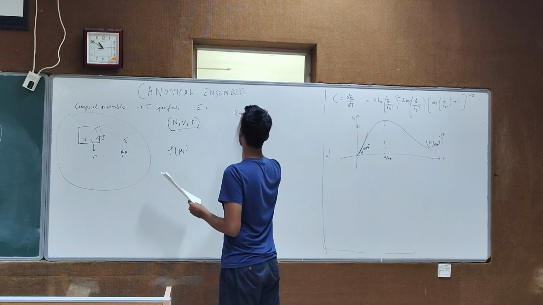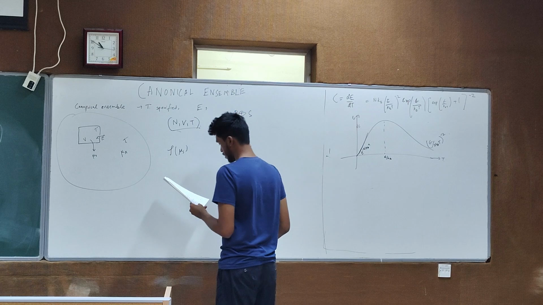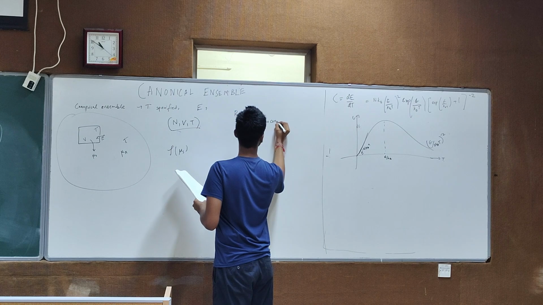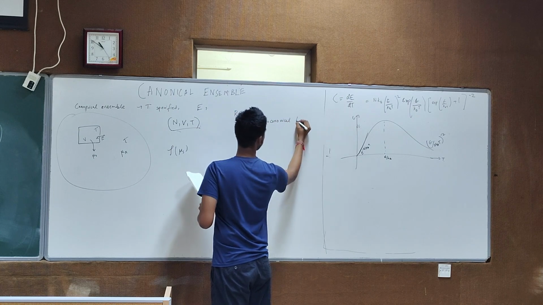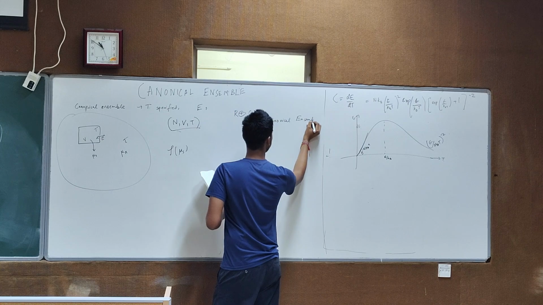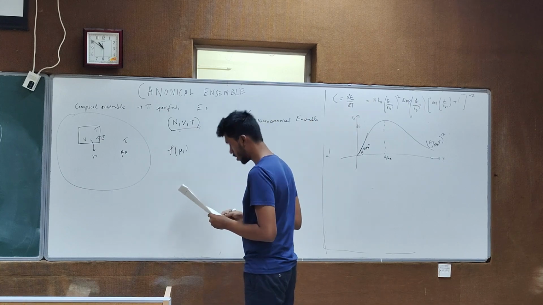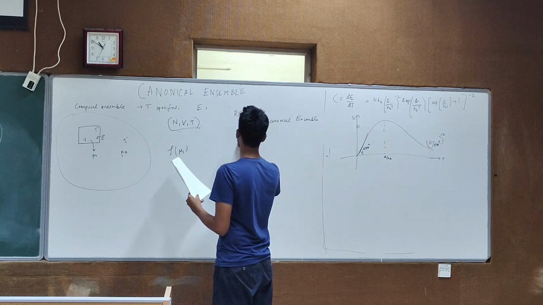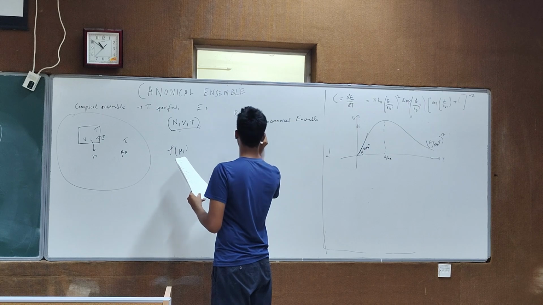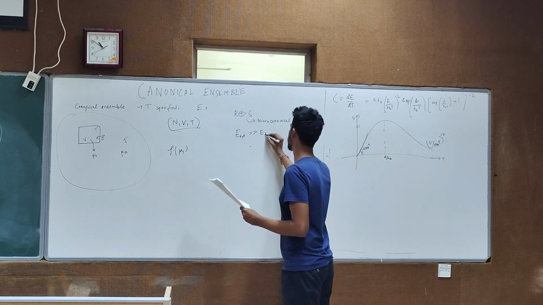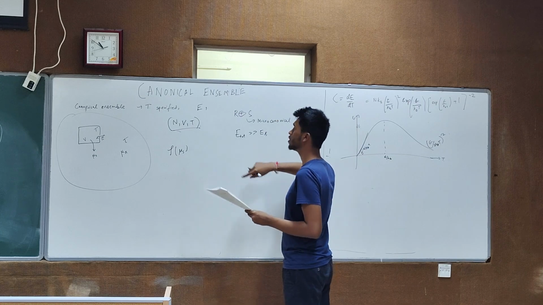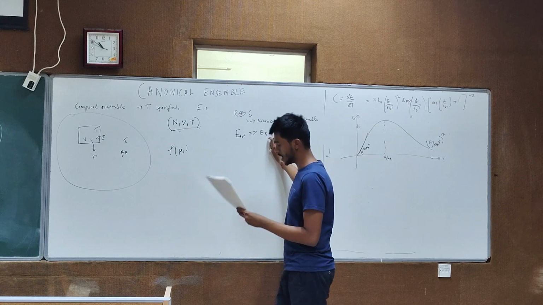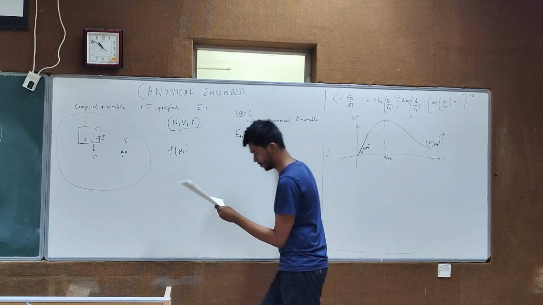So the system R plus S is a microcanonical ensemble. And since your reservoir is very large, the total energy of the reservoir plus the system is greater than the energy of the system itself.